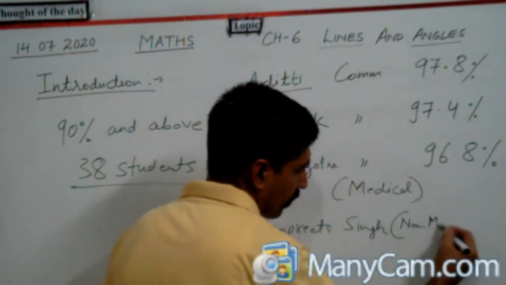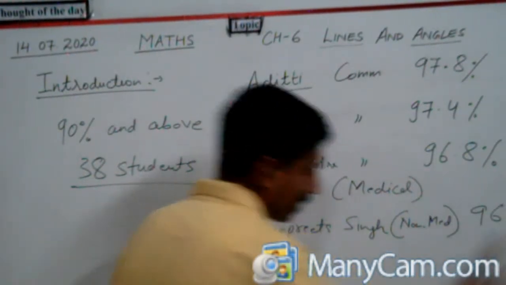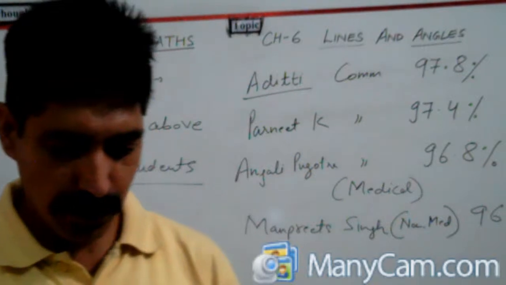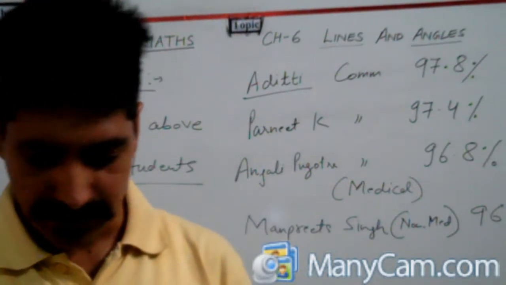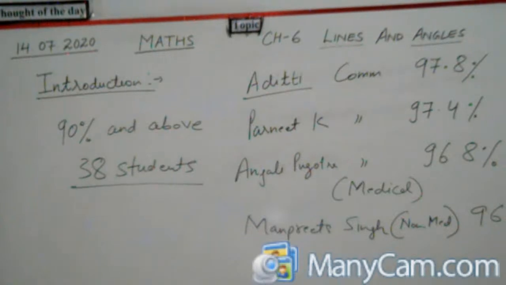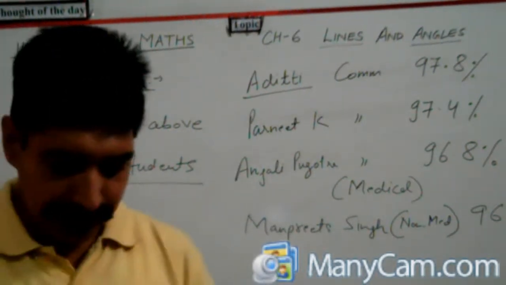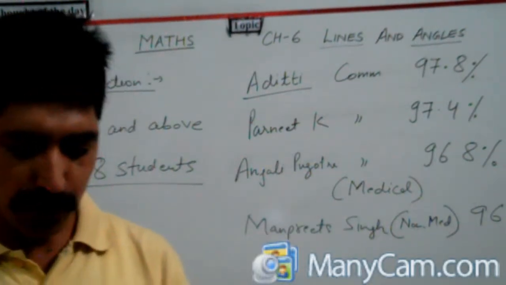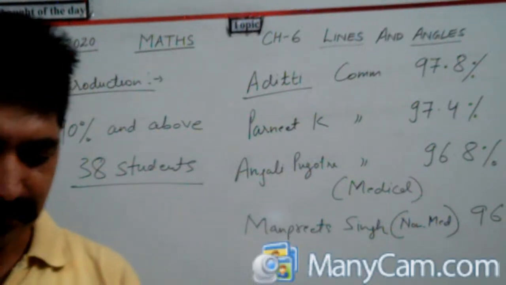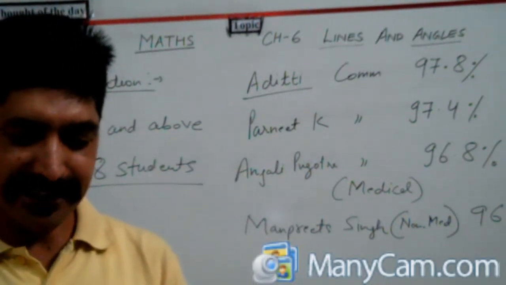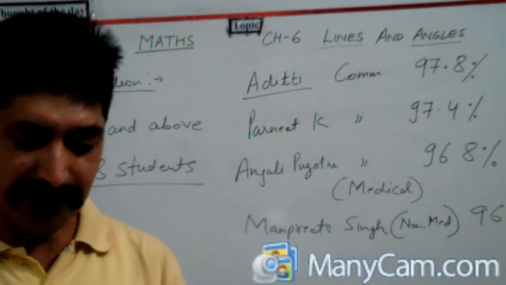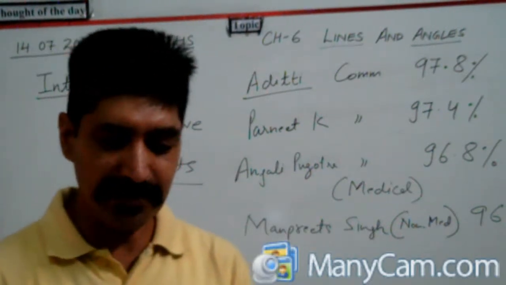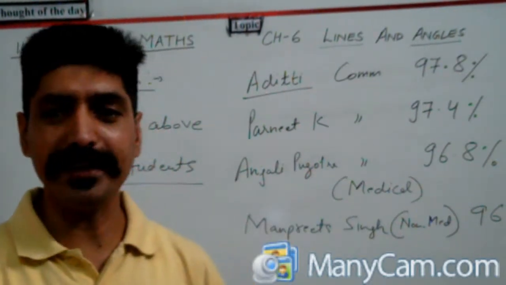I want to take the names of some more students who have scored more than 95% marks: Manpreet Kaur, Commerce, 96%; Kunal Sachdeva, Commerce, 96%; then Anurag, Medical, 95.2%; then Karanveer Singh, non-medical, 95%; and Vikramjit Singh in Commerce, 94.8%.